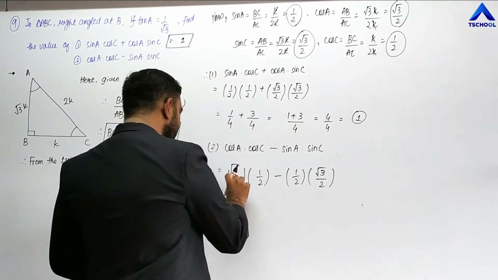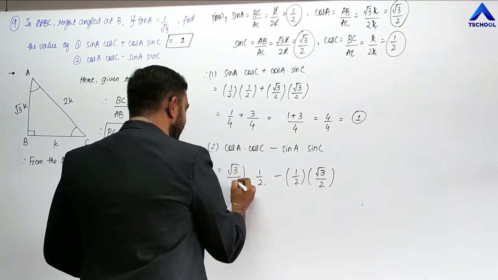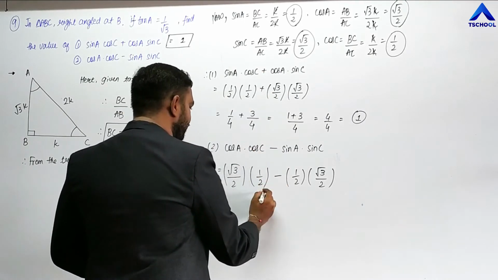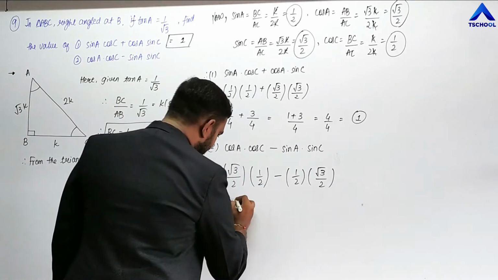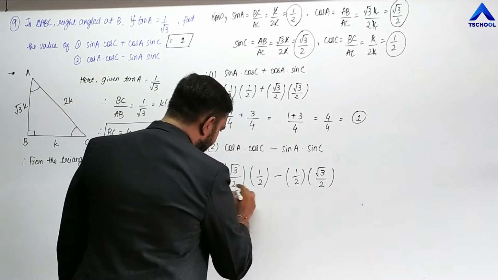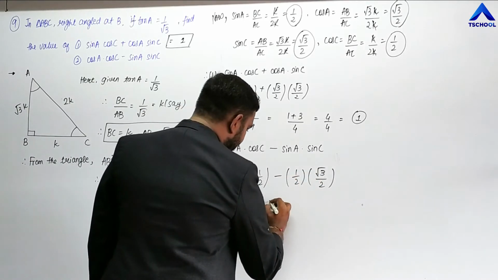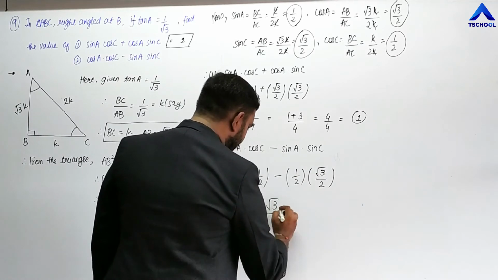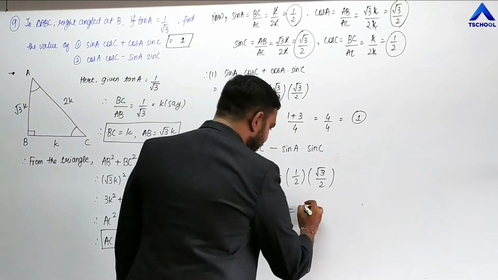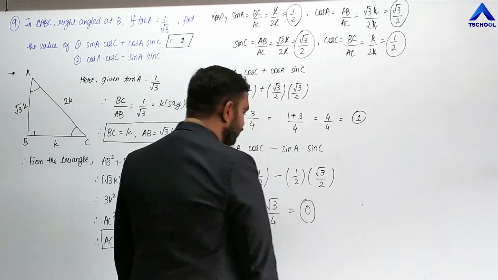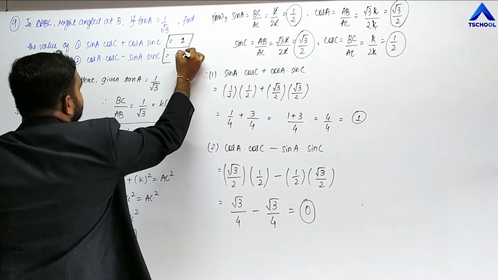Okay, so we got the values here and we have put the values in the given question for the second one. Let us multiply root 3 into 1, that is root 3 divided by 2 into 2 is 4, minus 1 into root 3, that is root 3 divided by 2 into 2 is 4. Root 3 by 4 minus root 3 by 4 becomes 0. So the answer for the second one is 0.